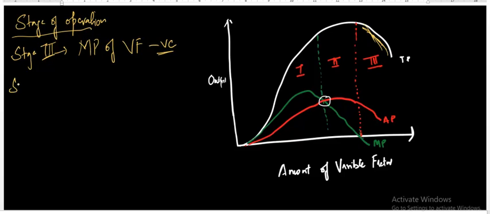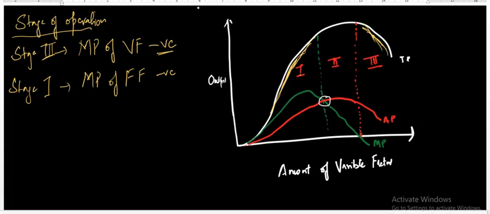Now, what happens in stage 1? In stage 1, the production is increasing at an increasing rate. However, the very important scenario in this case is that the fixed factor is not being employed fully. So the marginal product of the fixed factor in this case is going to be negative.